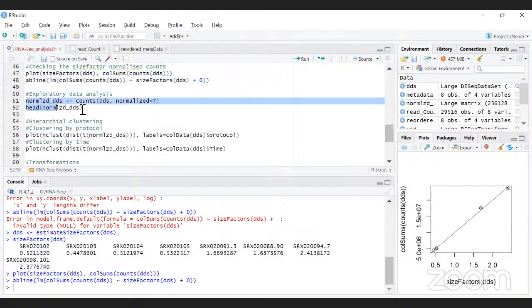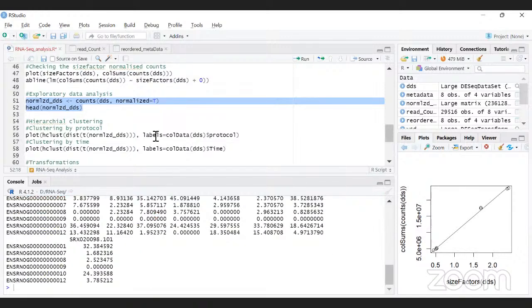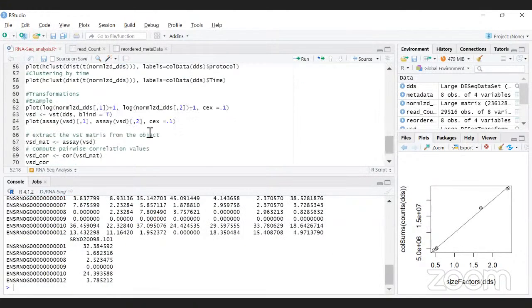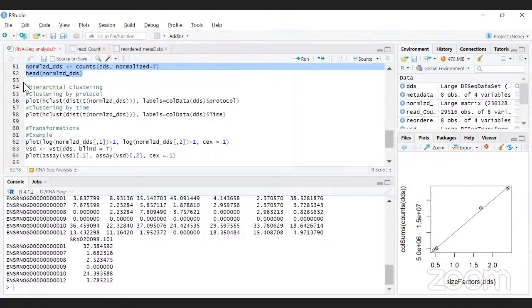So we take the normalized counts. These counts are size factor normalized. Using the size factor normalized counts for the exploratory data analysis, we can simply do a hierarchical clustering based on the distance between each of these samples.